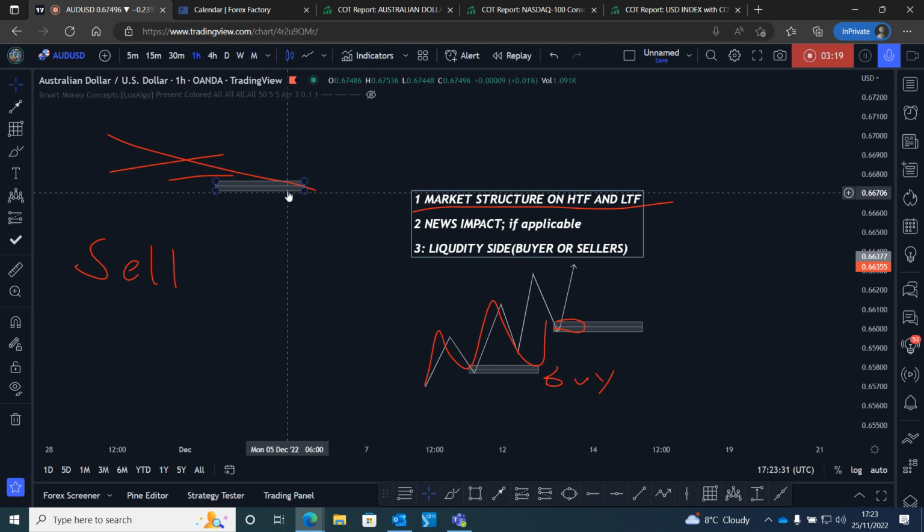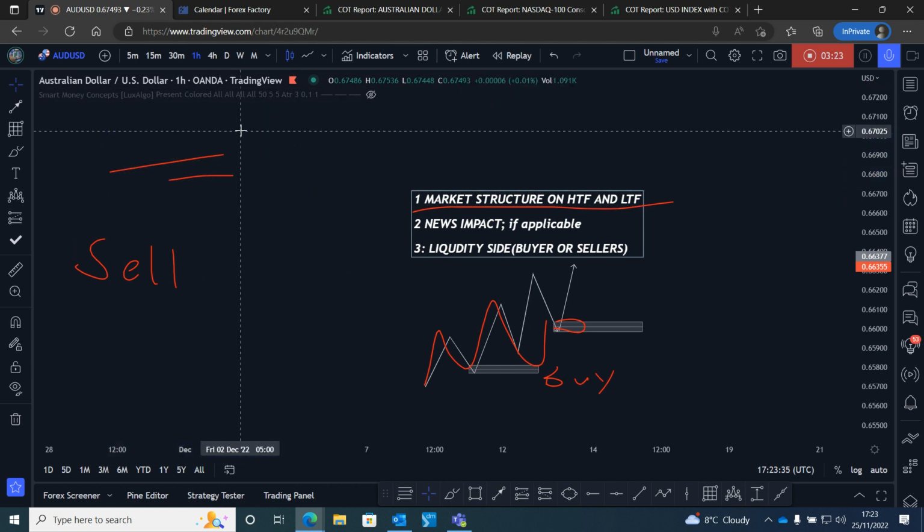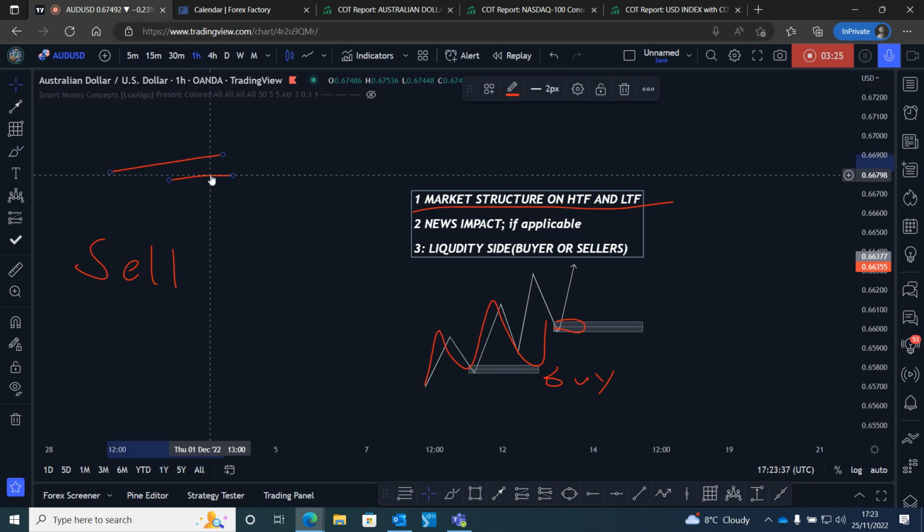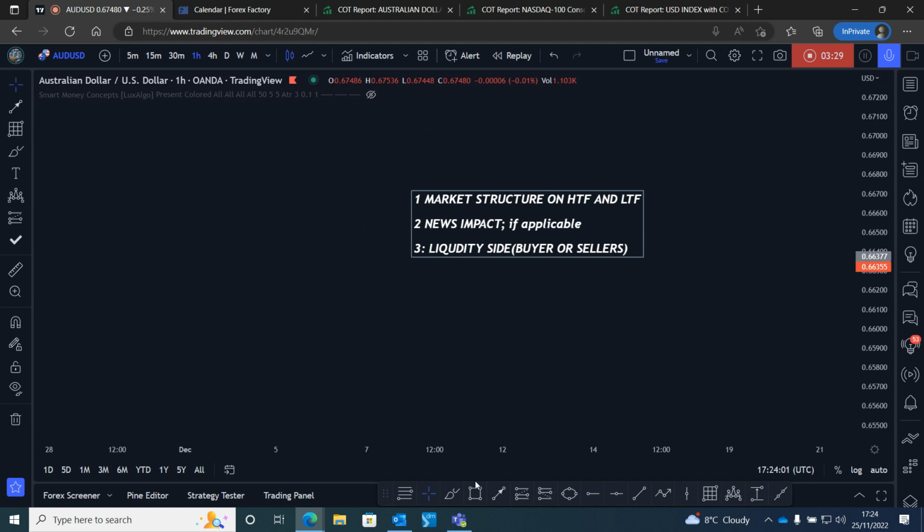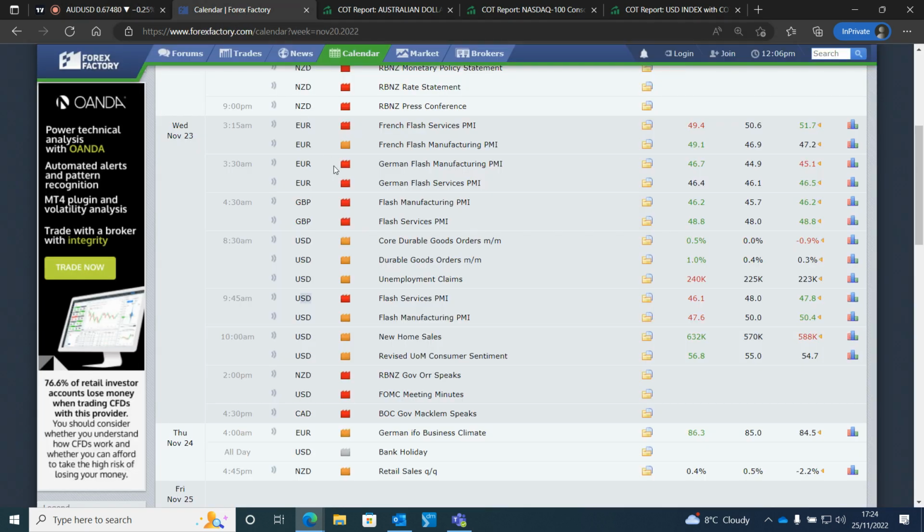Secondly, we always want to know if there's news coming in the market which will affect market price action, because this is a very key aspect of the market. So for example, let's go on the calendar here.